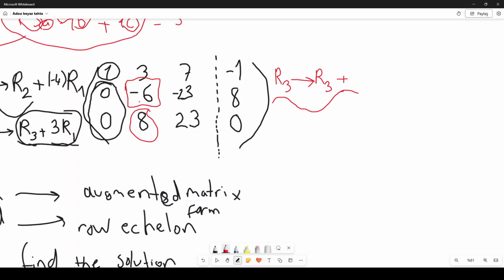So I should multiply the second row so that I can have a value 8 in this pivotal location, so that when I sum the second row with the third row, if I want the value of 8 to be 0, then minus 6 should be minus 8, right? So what guarantees that?